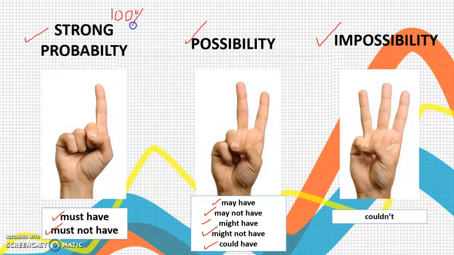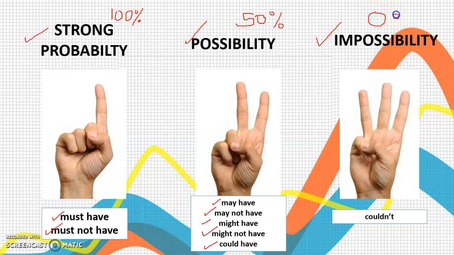We express here a strong probability. We are certain, we're sure that something happened based on the evidence that we have. Here there is just a possibility, maybe yes, maybe not, maybe there are other explanations as well, but what I am expressing is one option.